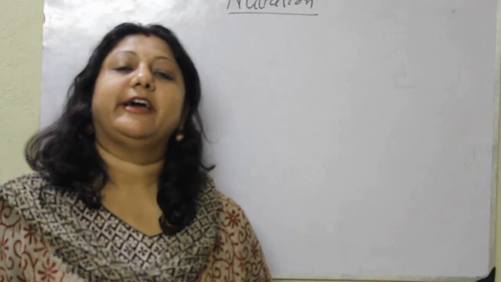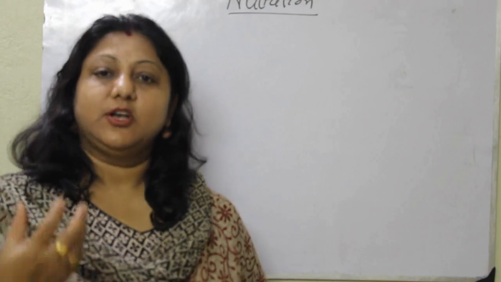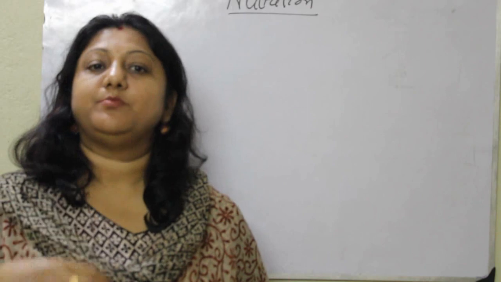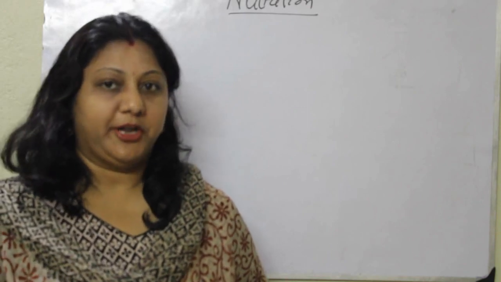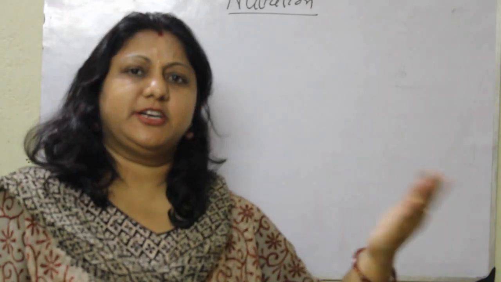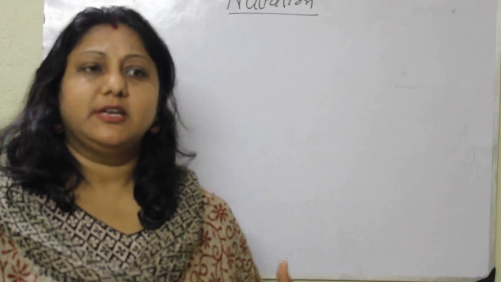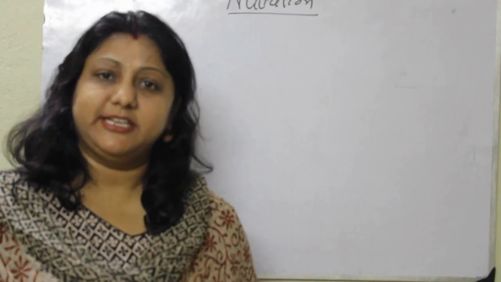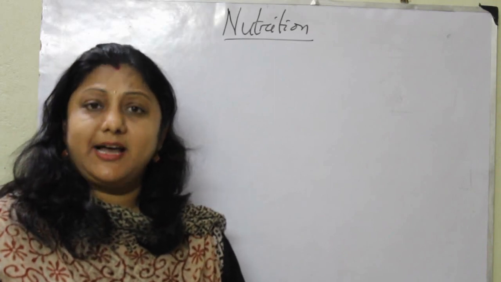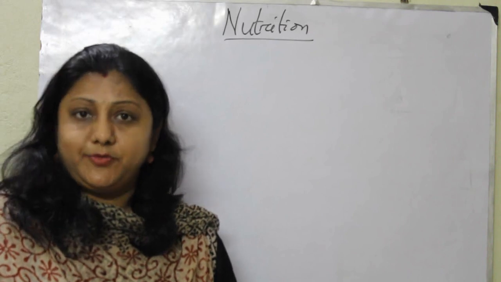Now, how to define nutrition? Nutrition is the process of taking in food and its utilization by the cells of our body. Based on different criteria, different processes, nutrition is divided into different types. Some organisms utilize simple inorganic substances and make their own food.